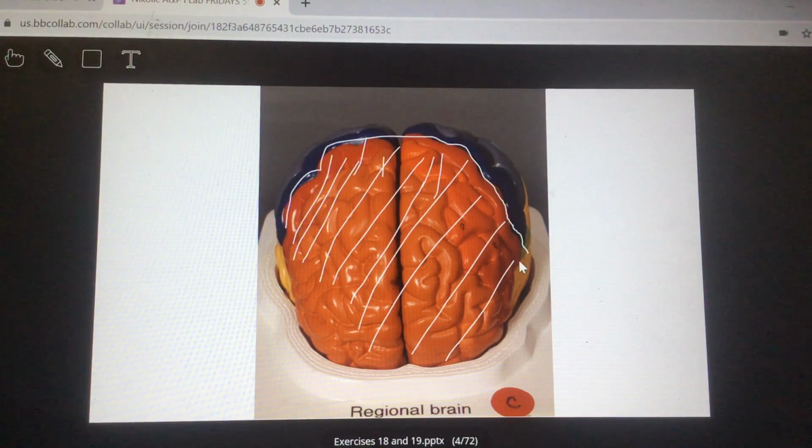So as an instructor, don't ever give me everything. Give me the one thing you think it's got to be, A or B. Do you know what I mean? So again, we're not going to put an arrow where it could be the association area, it could be the occipital lobe, it could be a gyrus. We're not going to do that. If we're going to do something, it's going to be something between two things. If you give me 5 things, there's nothing I can do.